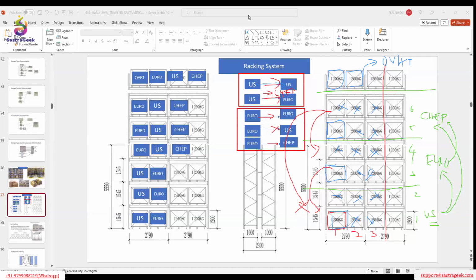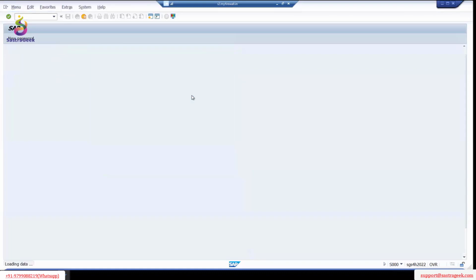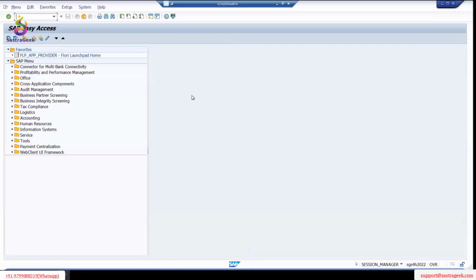Okay, I will go back to the SAP screen and we will see that. We will just test it, and after that. This kind of structure we call a new racking profile, because the existing one they want to redesign based on this kind of strategy.